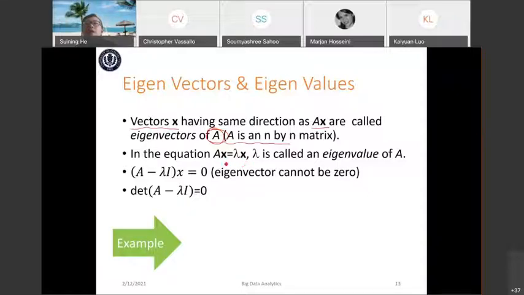This means that when we take the product between these two, it leads to the same direction as the original vector x. So the lambda here is the so-called eigenvalue. It describes the scale of this kind of projection.